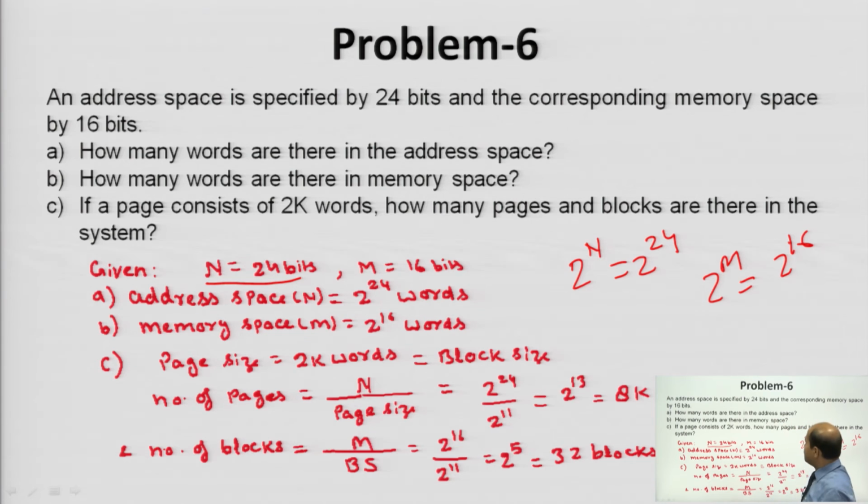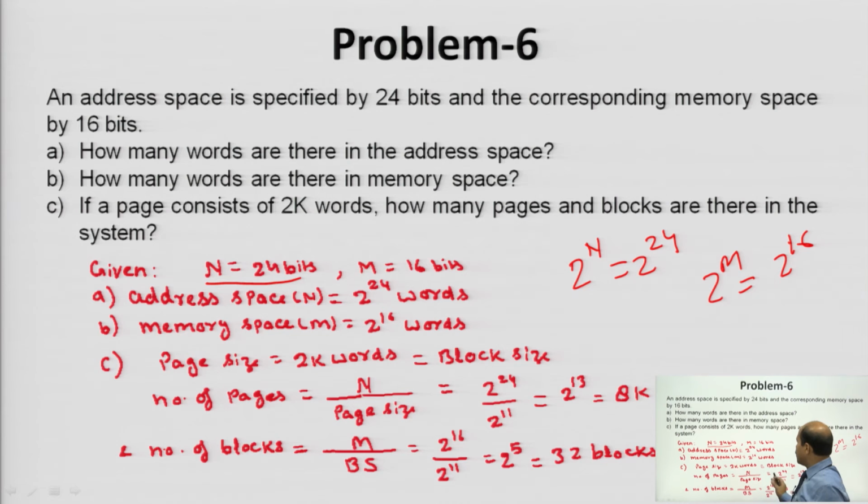Now, if a page consists of 2k words, how many pages and how many blocks are there in the system? Obviously, the page size will be equal to the block size, because in the virtual memory concept, the pages are shifted into a block, so their sizes must be equal.